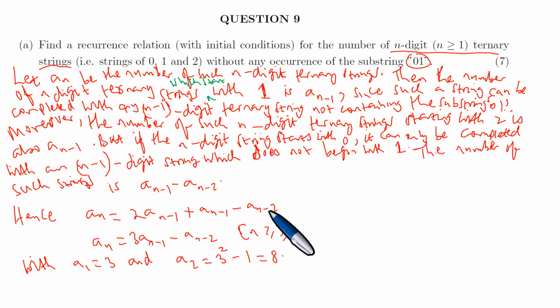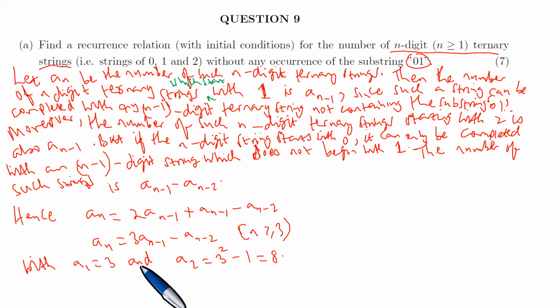But obviously adding this up, n can only begin from 3 upwards. Why? Because you have n minus 2, and then you can start from a_1. a_1 would be the number of such 1-digit ternary strings, because a_n is the number of such n-digit ternary strings.